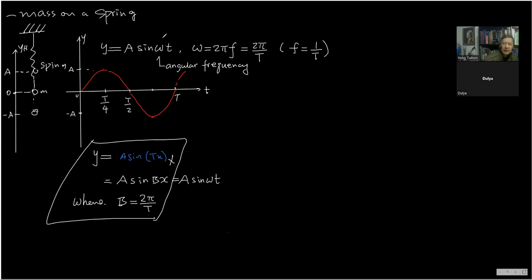In other words, the position of the object at any time can be written as y as a function of time equal to A sine omega t. You can use cosine, up to you.